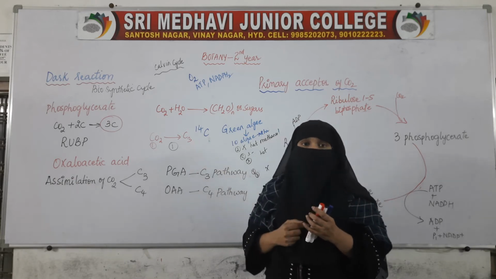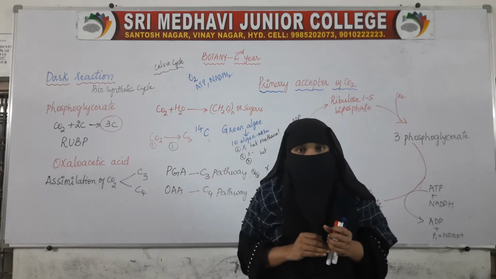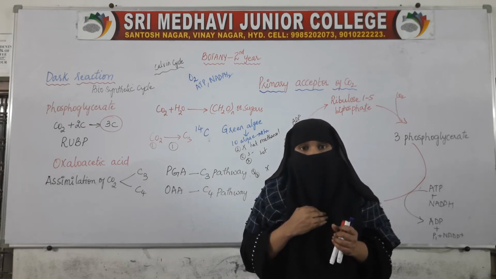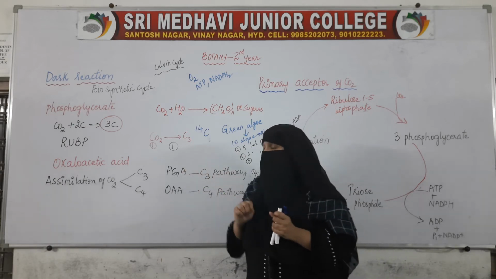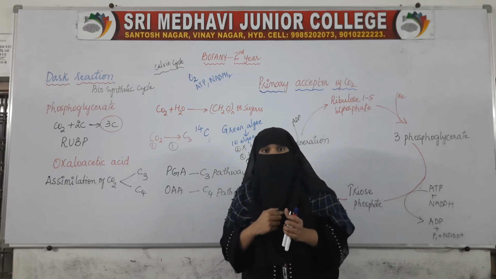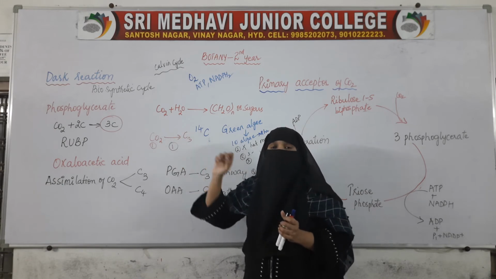When they researched, they found that in a few plants the first formed product is a 3-carbon compound only. But this 3-carbon compound is different in different plants.